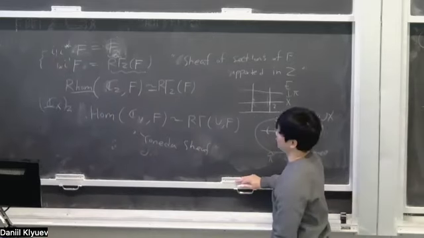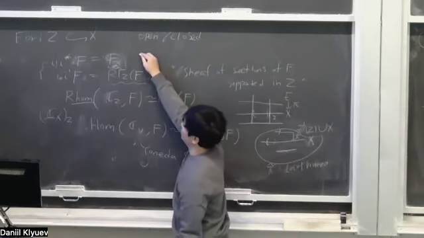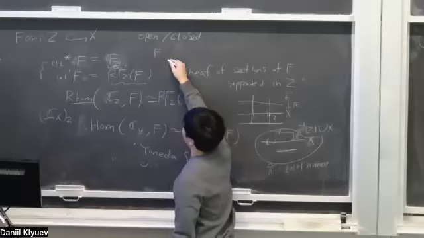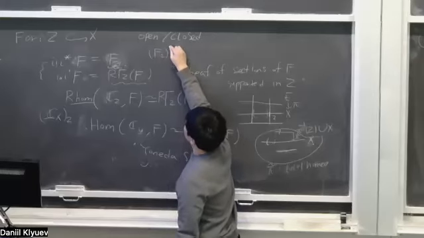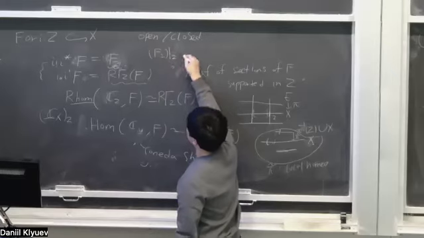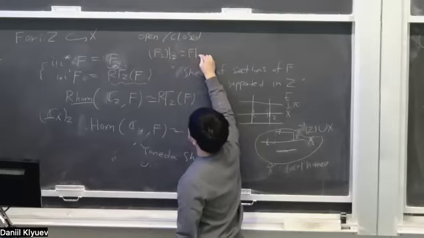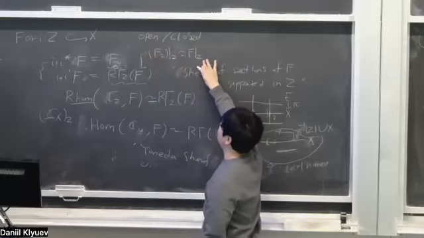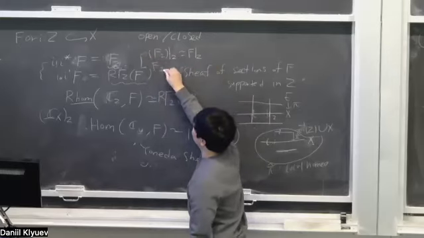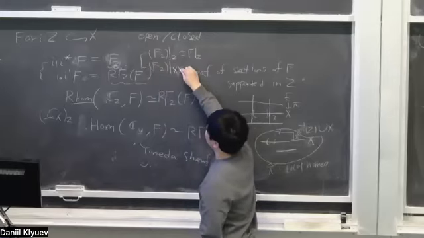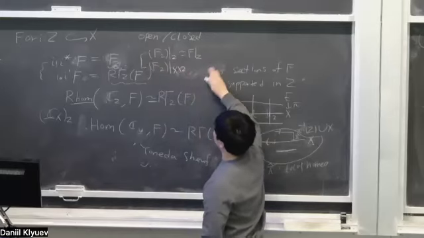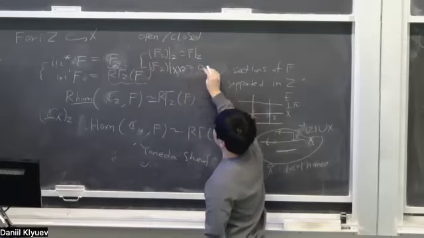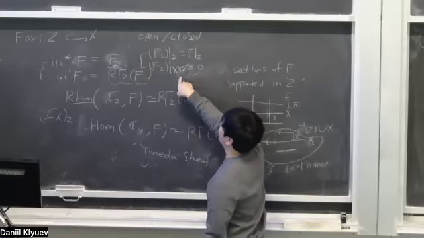Or there's an easier description of this as the unique functor that restricts to Z to be a restriction of F, and restricts to zero at the complement.